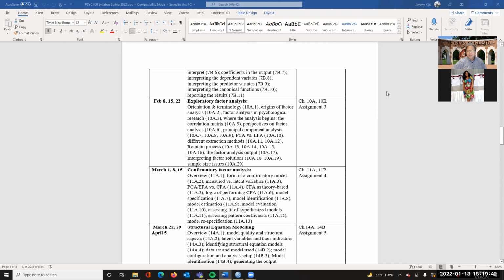Until then, we'll be using SPSS. And I was told towards the end of last year that NCU now has licenses for both SPSS and Amos, and so you should be able to get those.